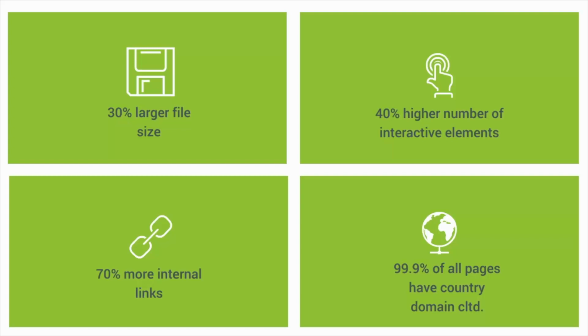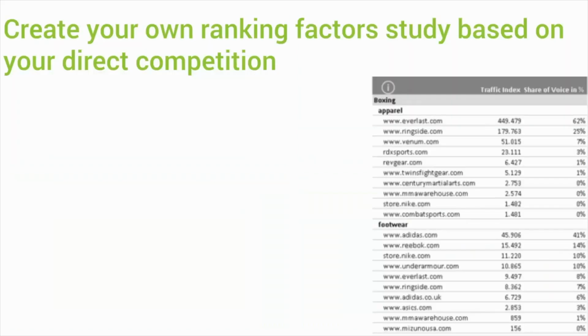So what you can look at now is a specific product category. We are looking here at boxing, so boxing apparel and boxing footwear. And what you can see is all those brands who are sharing rankings and sharing the share of voice with you within this specific product cluster. So these are your competitors within this field.